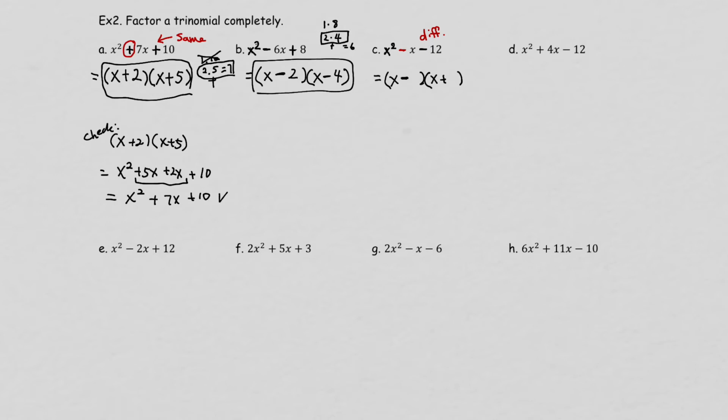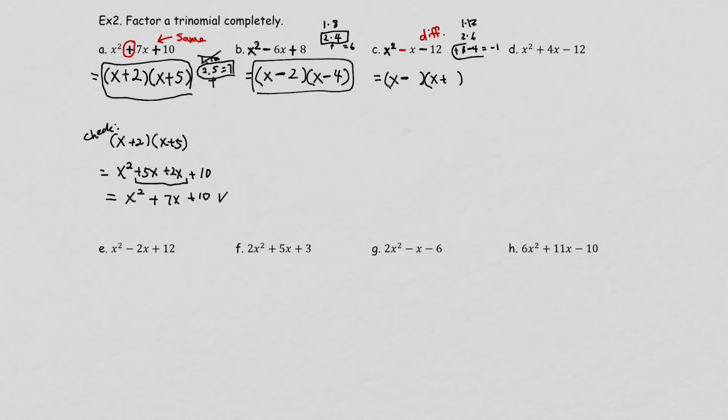So now find the factors of 12. 1 times 12, 2 times 6, 3 times 4, 4 times 3, 6 times 2, 12 times 1, right? Out of this, which add to become negative 1? Looks like I can have negative 4 and positive 3. This is going to give you negative 1, right?